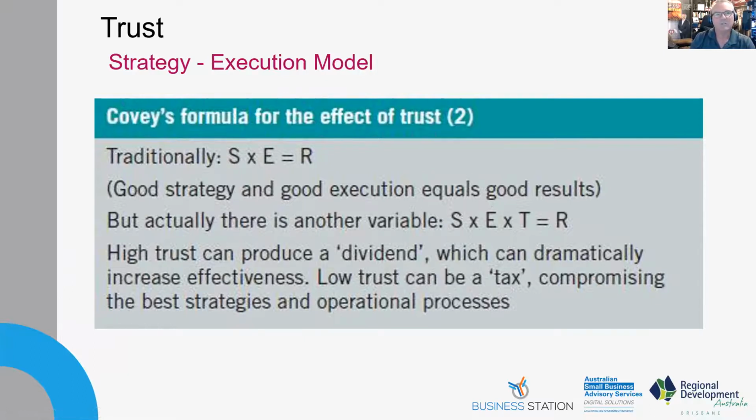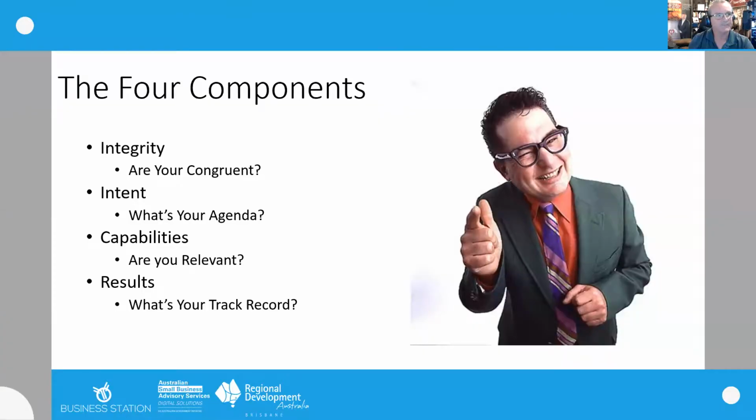But when we place trust in the equation, it looks like good strategy, good execution, multiplied by high trust creates better results. So this is why it's really important for us to understand, what does trust look like, and is there a formula that I can bring trust more into my business to deliver and develop what I should be doing as part of my business growth strategy.